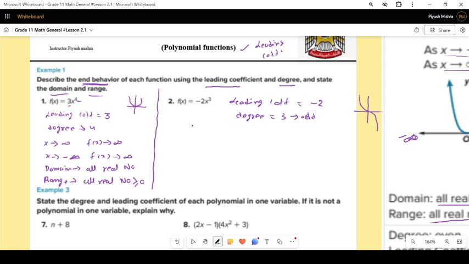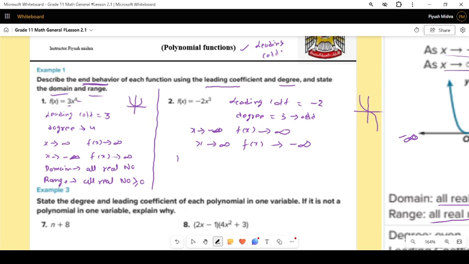Okay, let's start with the end behavior. So when x tends to minus infinity, f of x will go to plus infinity. Okay, and when x is plus infinity, f of x is going to be minus infinity. You can check the figure.